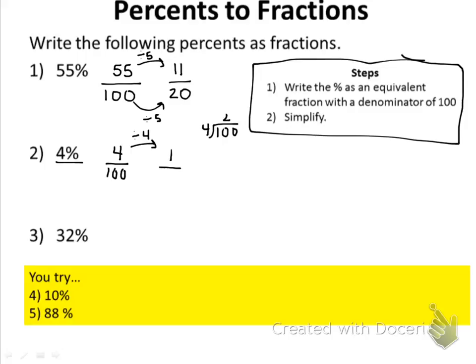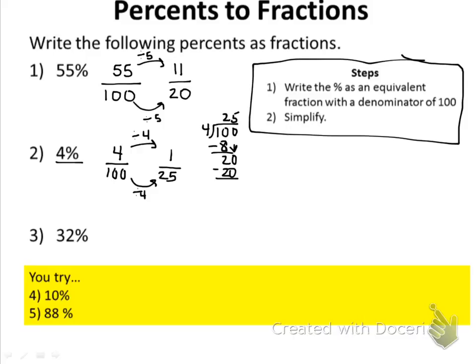It goes into 10 twice. 2 times 4 is 8. 10 minus 8 is 2. Bring down that 0. 4 goes into 20 five times, and 5 times 4 is 20. So that means 100 divided by 4 is 25. So that means 4% written as a fraction is 1/25.